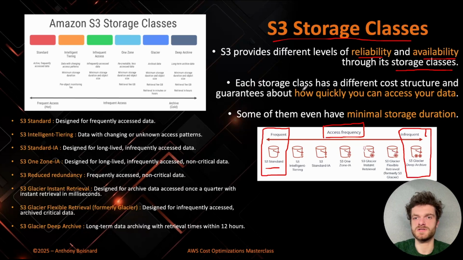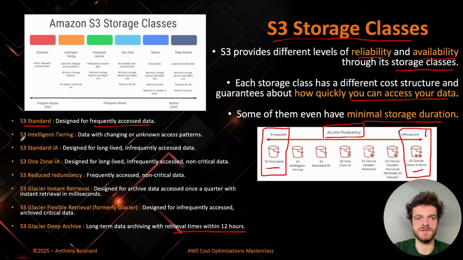Each storage class has a different cost structure and guarantees about how quickly you can access your data. For Deep Archive here, you will retrieve your data within 12 hours. Some of them even have a minimal storage duration here. So you have S3 Standard, designed for frequently accessed data.